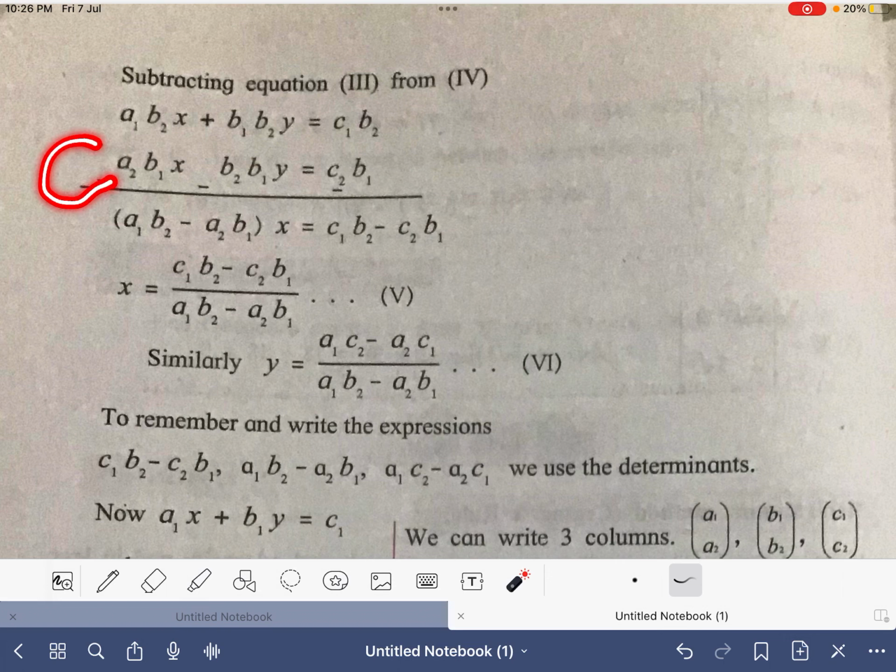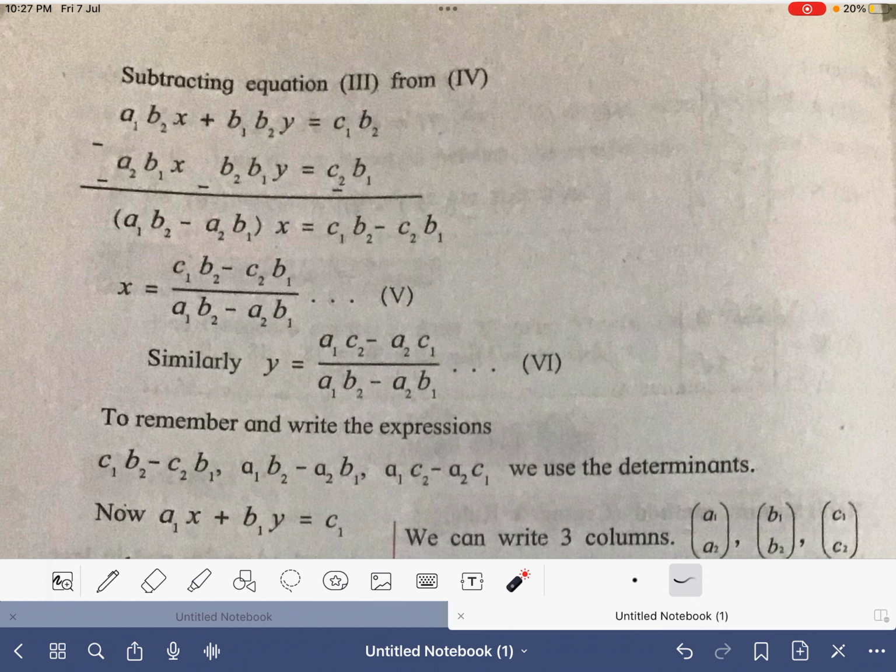So this minus will interact with a2b1x, which is initially a positive term, and because of this minus sign inversion, it becomes minus. Similarly, this term is also positive.